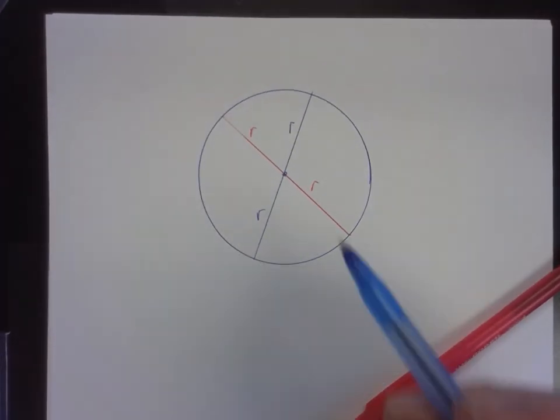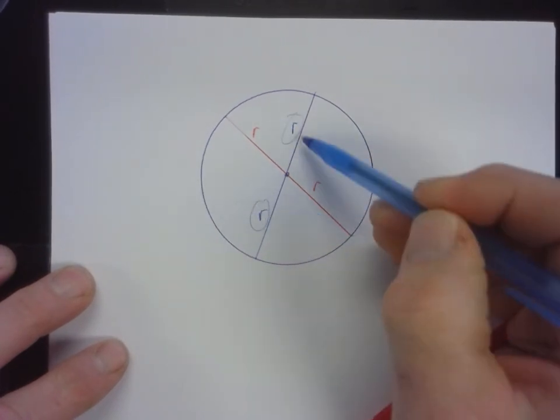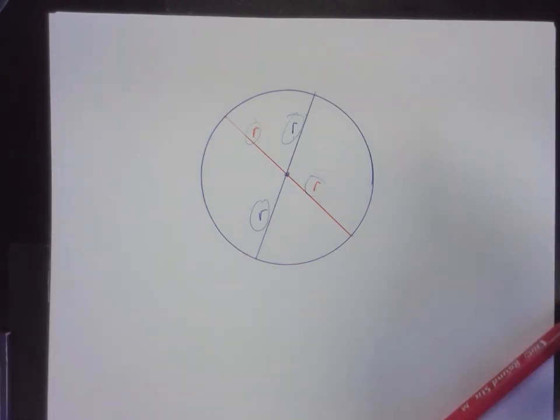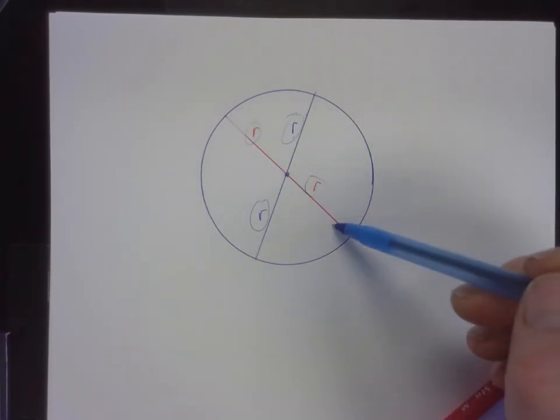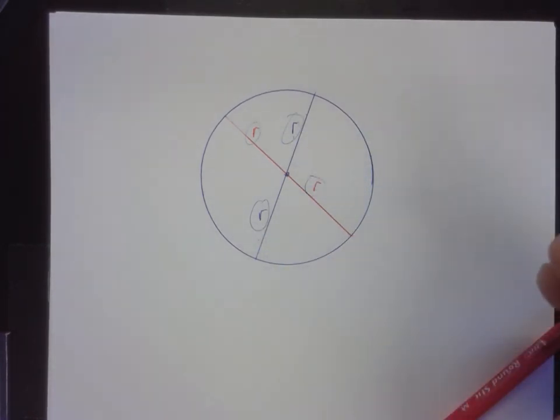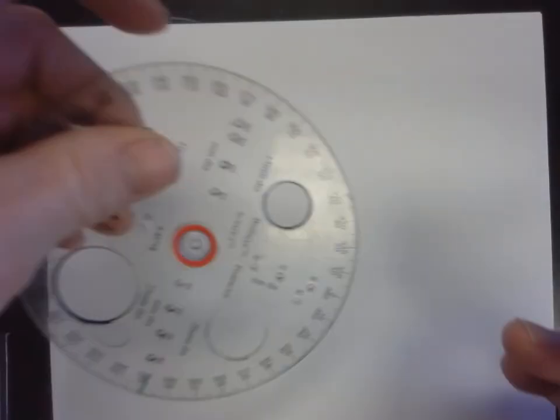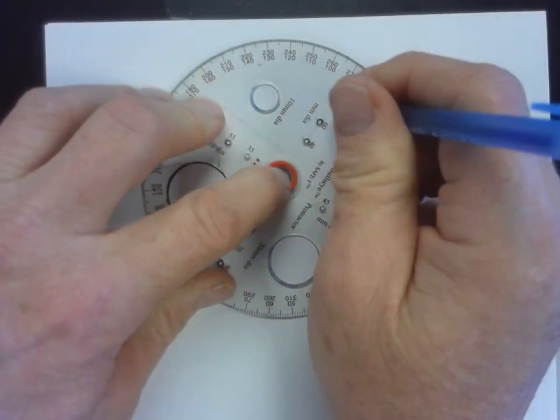If I were to multiply these two segments together, their lengths together, and multiply those two segments together, would I get the same number? Obviously I would, right? Radius times radius, radius times radius, it would work out, wouldn't it? Okay, so I don't think there's any question about that. The question is, what happens if the intersection of those two segments is not in the center of the circle?